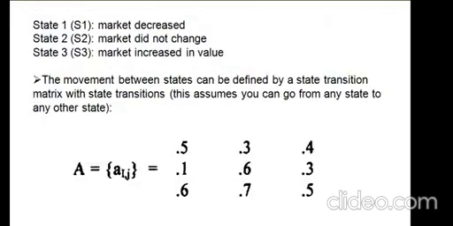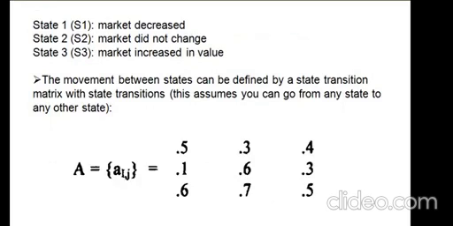This matrix is representing that on the next day, suppose the market did not change its value. What is the probability of that one? 0.1 is the probability.